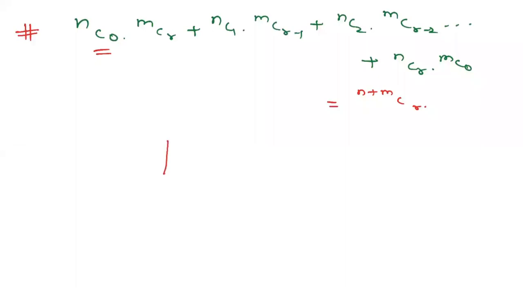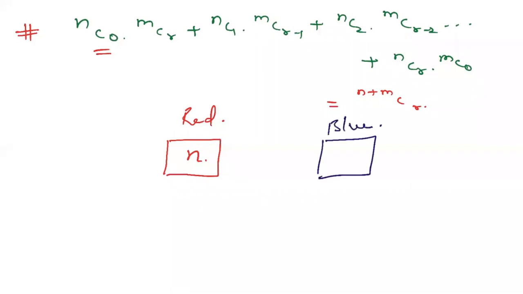So let a group be a red house that contains n students, and second is a blue house that contains m students. And we have to select r students from the group, right?